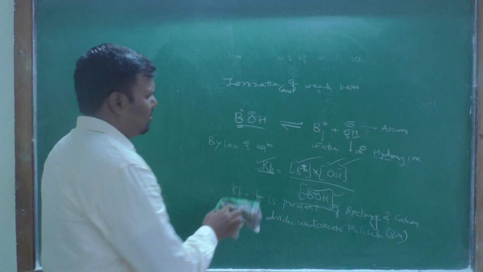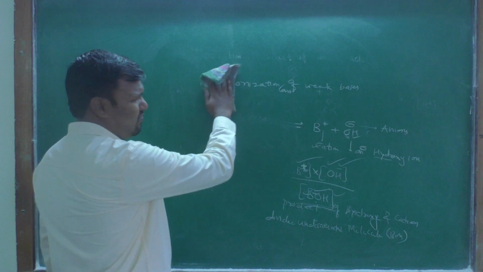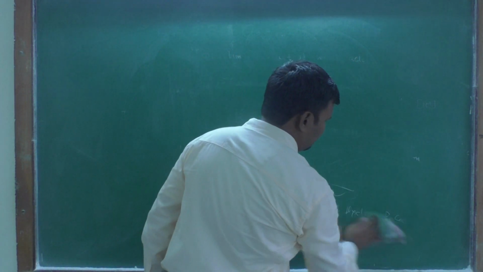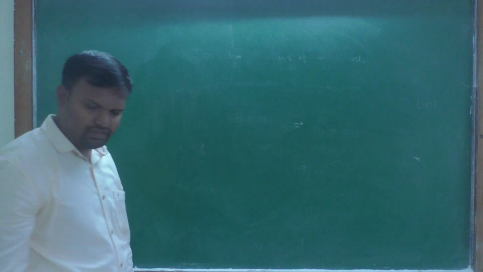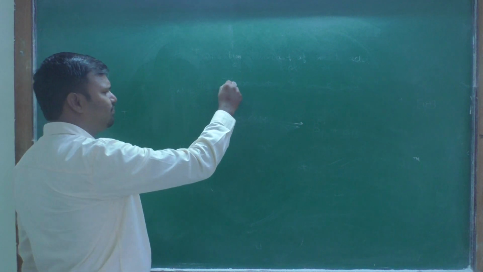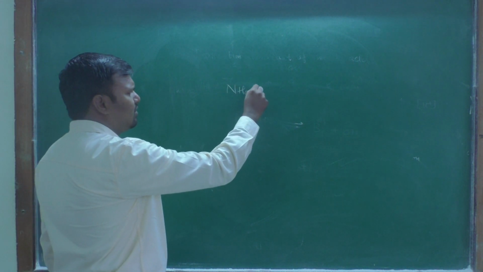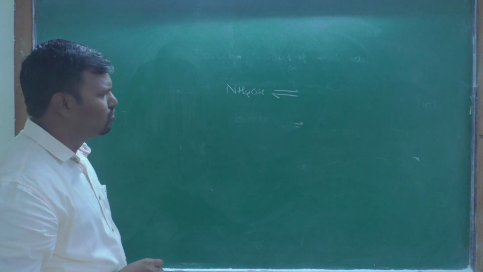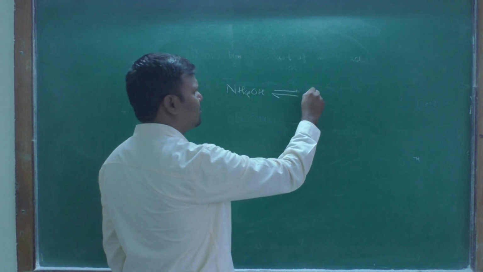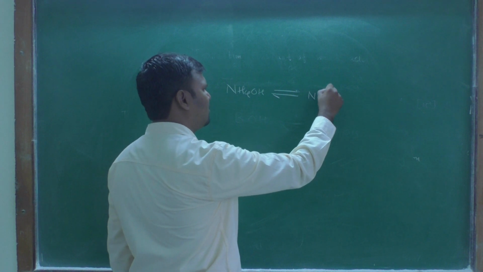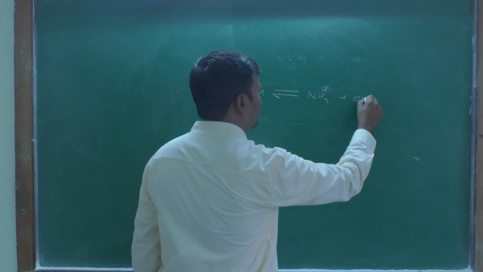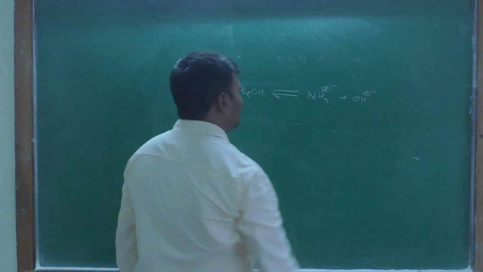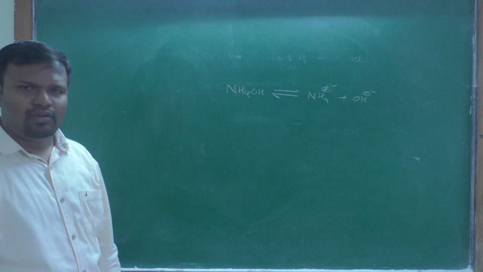Now we have one weak base, NH4OH. The word weak base means it produces fewer ions in aqueous solution. Therefore it produces NH4 plus, a cation, and OH minus in water.